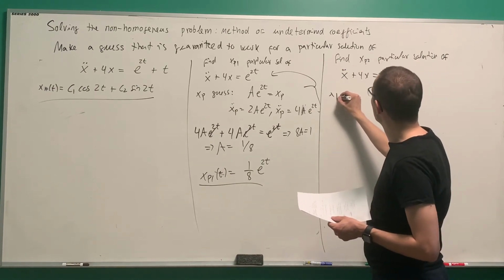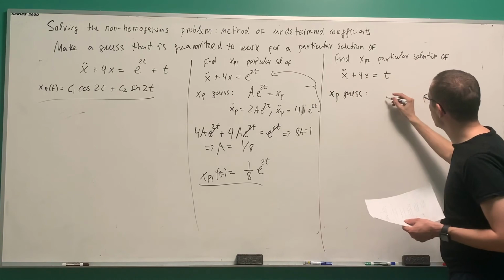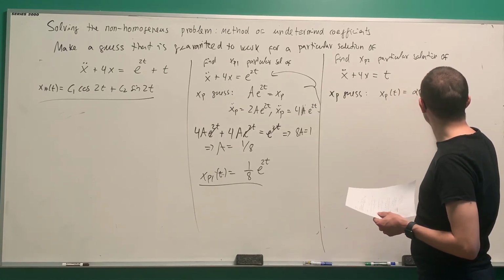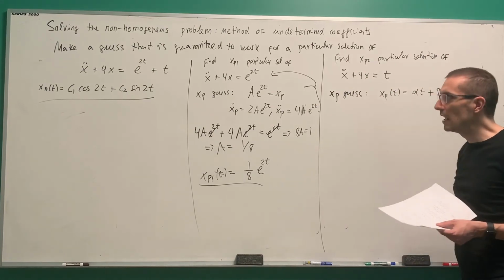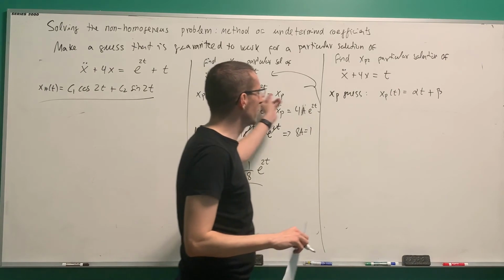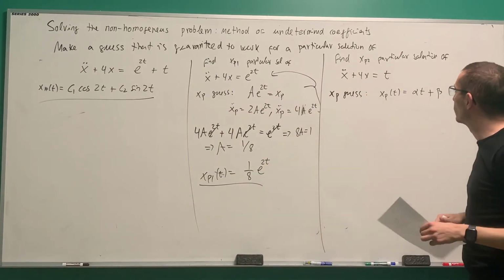Okay, so the guess here is a first order polynomial, so I'm gonna make the guess xp equals alpha t plus beta. None of those coincide. The solutions were sines and cosines, so neither the exponential nor the polynomial overlap with it, so we can safely continue.